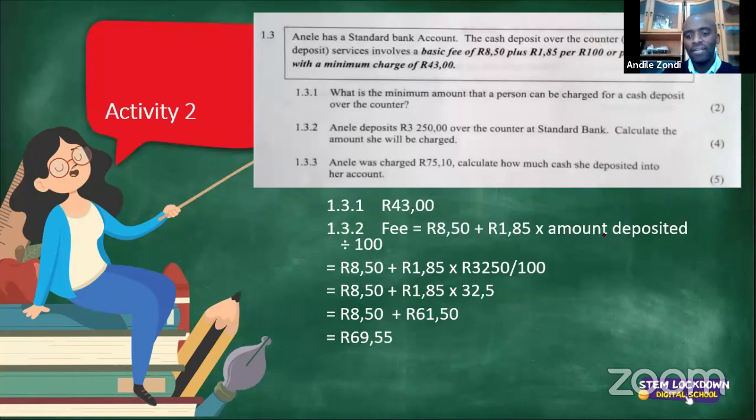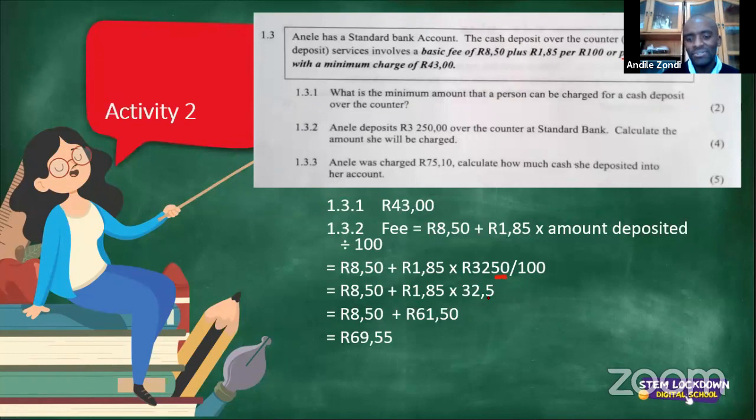Here's your formula. The amount per 100 rand: the amount will be 3,250 divided by 100 rand. If you divide these two, this is your answer, 32.5. But the keyword says, or part thereof. Part thereof means even this 50 rands will be charged as if it is 100 rand.